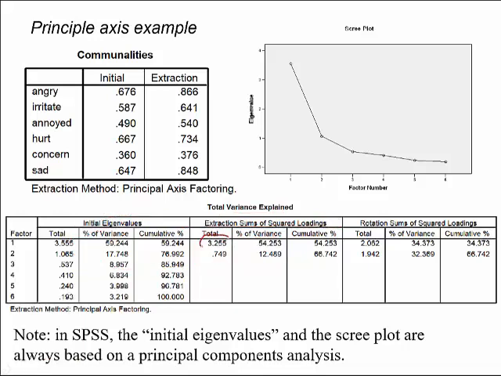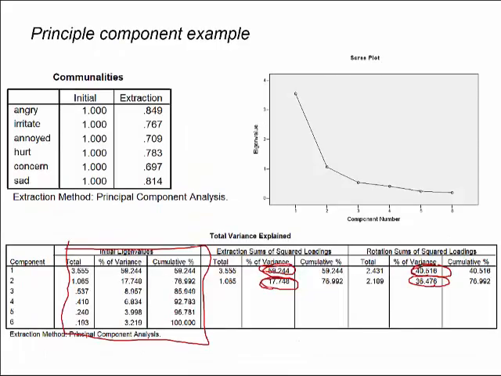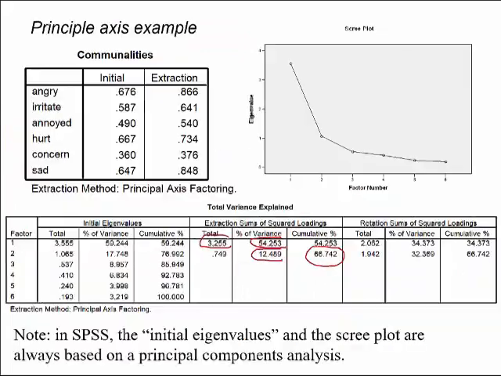So we see the eigenvalue for my first factor, 3.25, explained 54% of the variance. The second factor explained about 12% of the variance. So altogether, we're explaining about 66% of the variance. Now, if I back up to a previous note, with the principal components analysis, we explained almost 77% of the variance cumulatively with two components.